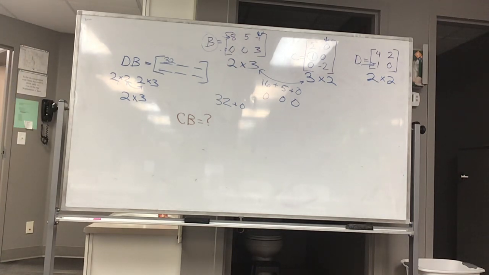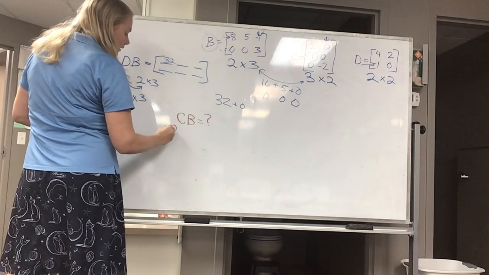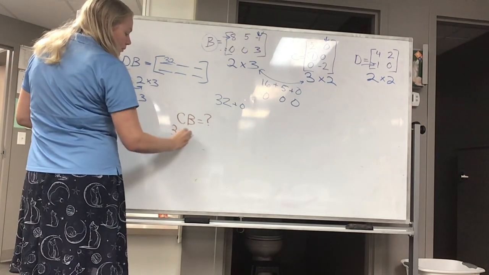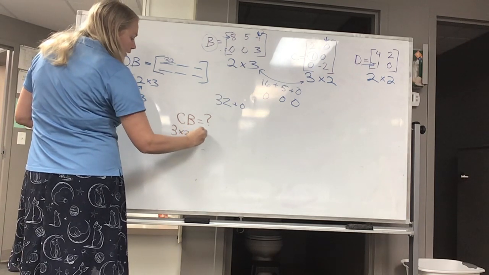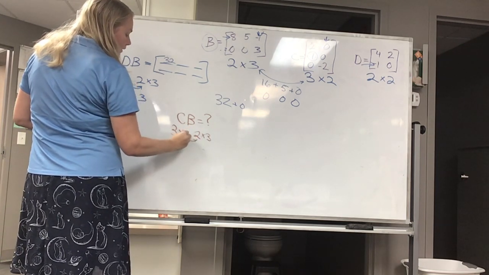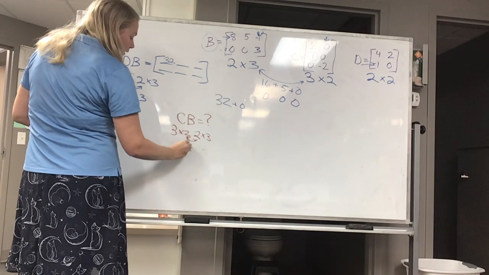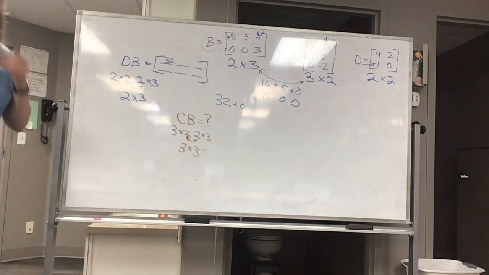What will our size be? C is a 3 by 2. B is a 2 by 3. The middles cancel out. Our answer will be 3 by 3.